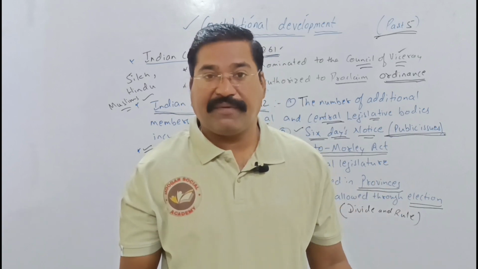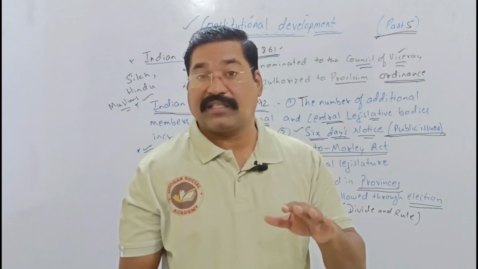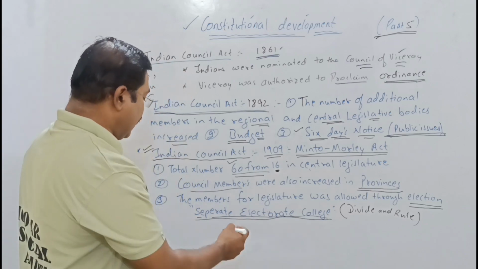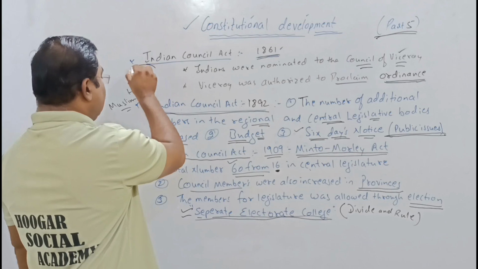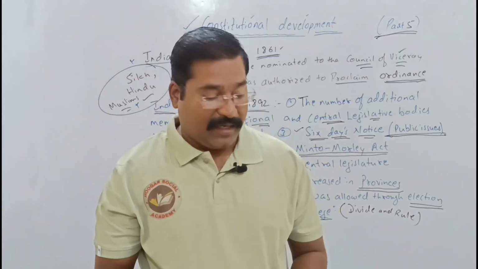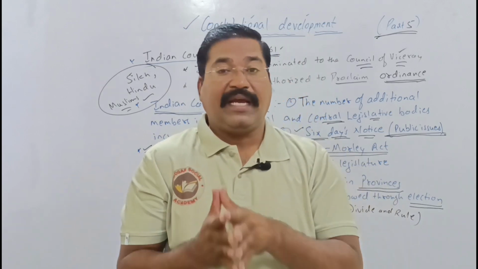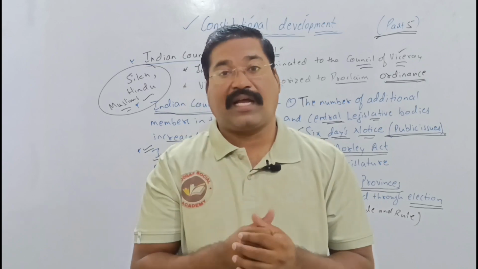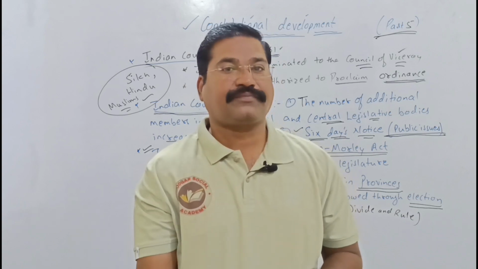But as we know, they were just nominal, non-officials. And by bringing the divide and rule policy in the name of separate electoral colleges and representatives, these people were divided. Disunity was created among them. In this way, 1909 gave the opportunity for election, but it also created a hamper among the Indians.